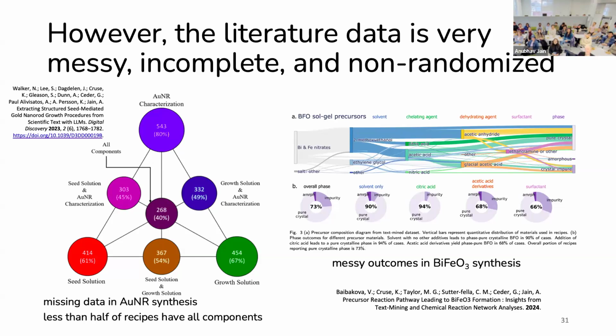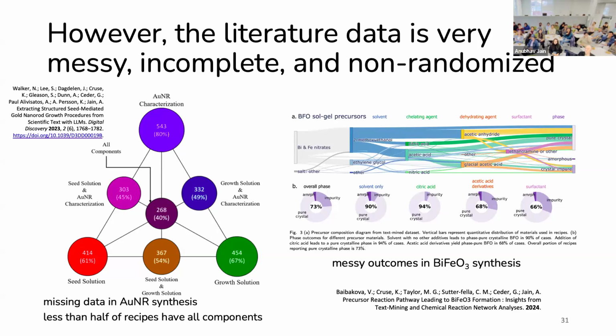The other thing is, sorry, it's very hard to see on the screen, but mapping the outcomes, like whether you have a pure crystal or an impure crystal, in this case for bismuth ferrite, as a function of all the input variables can be extremely complicated. The interaction effects of the chelating agent, dehydrating agent, surfactant, all this stuff can be very unclear. Often you see weird things.